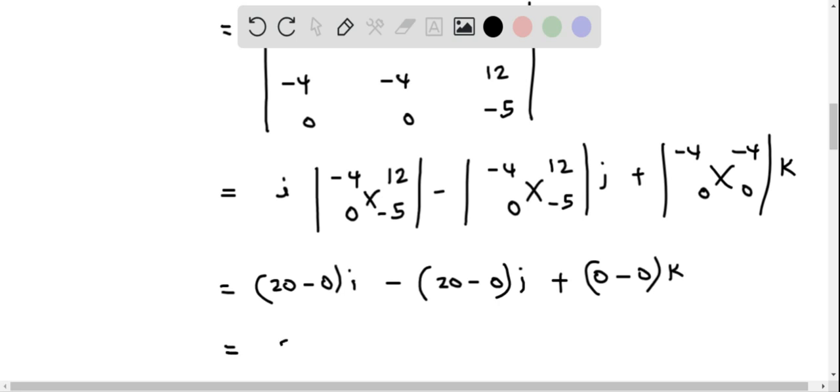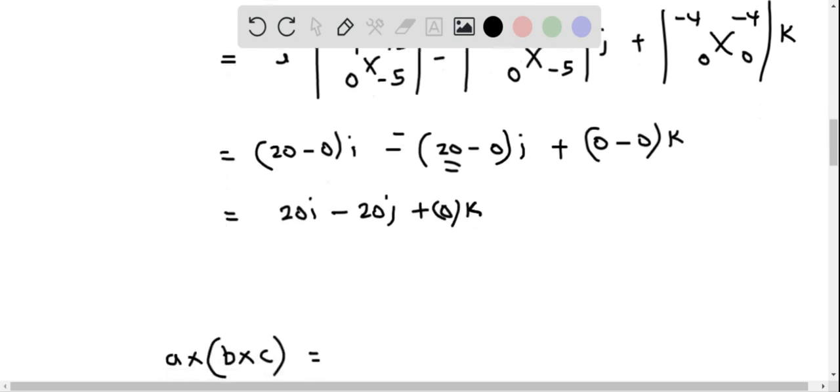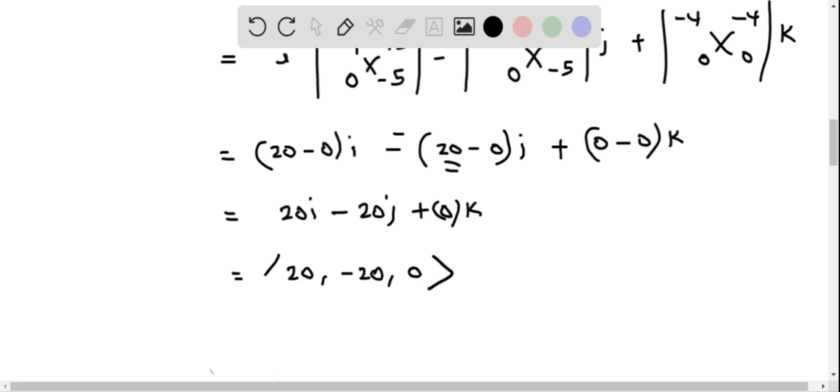So this equals 20i. This is positive 20, but we have negative here, so it becomes -20j, and we don't have k component, so we put this as 0 times k vector. Now we can write this in component form. So this equals 20, -20, 0. So this is A cross B cross C.